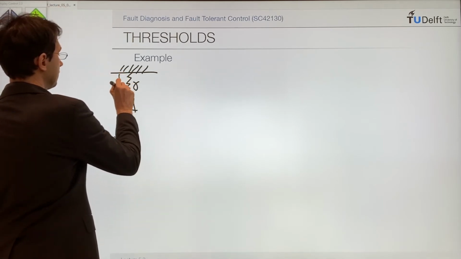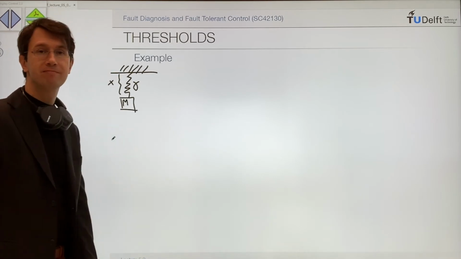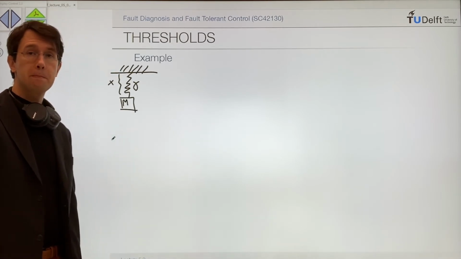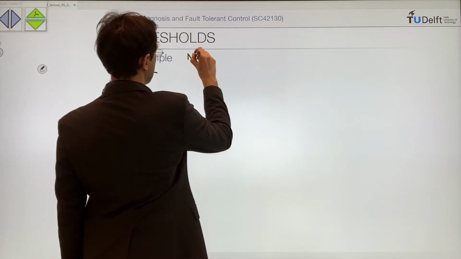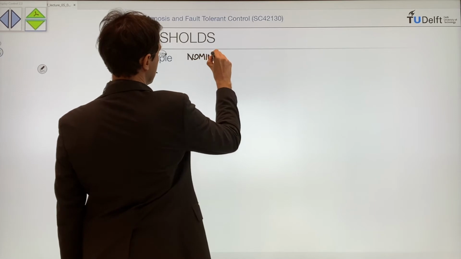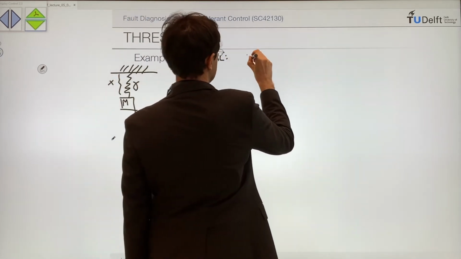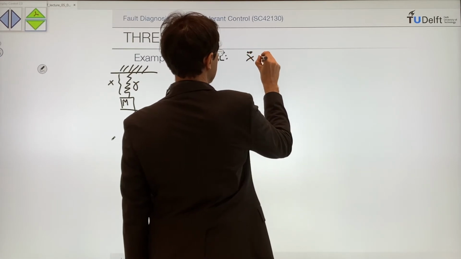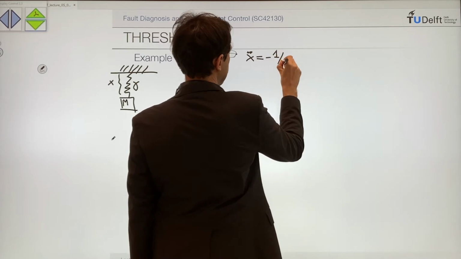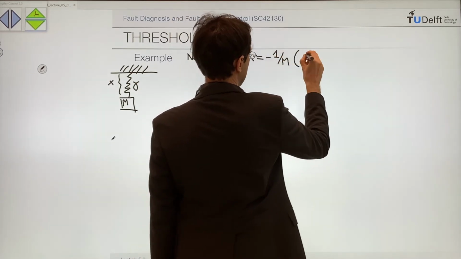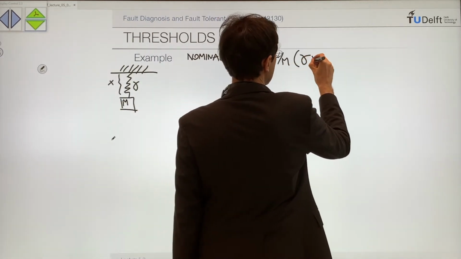And the length of the spring, the elongated length, is x. Let us assume that the nominal dynamics is this one. So x double dot is equal to minus 1 over m that multiplies the gamma constant times the elongation.